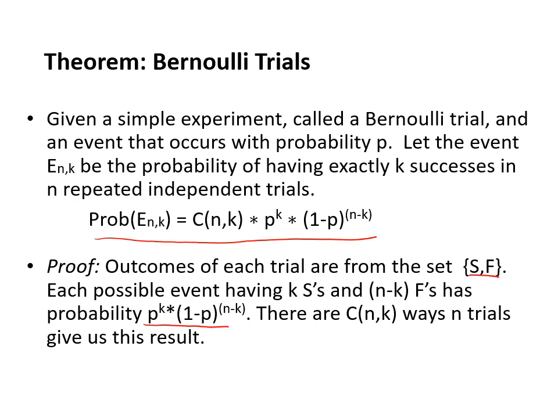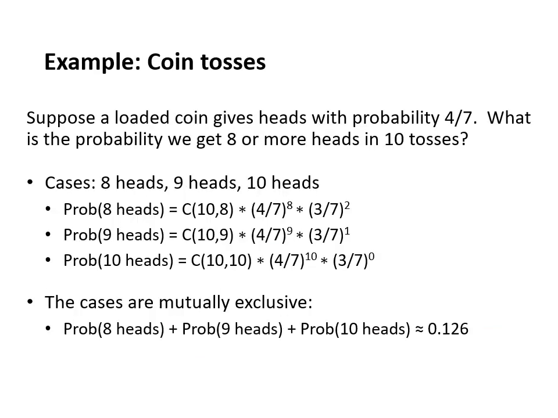And there are choose n, k ways that give us this result. So it's really easy to derive this theorem. Let's see how we can use this theorem in a couple of examples.